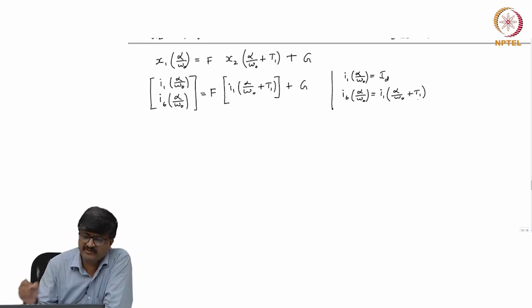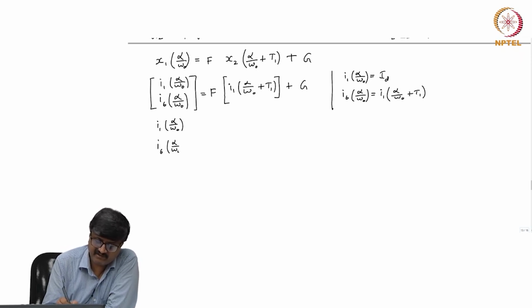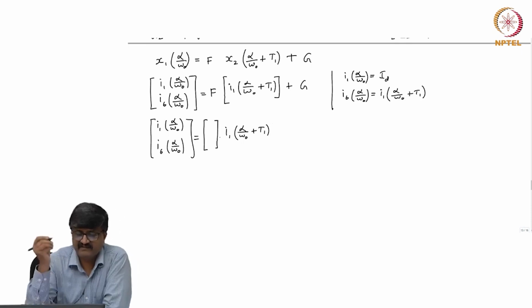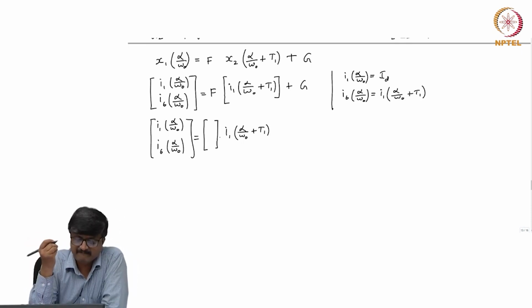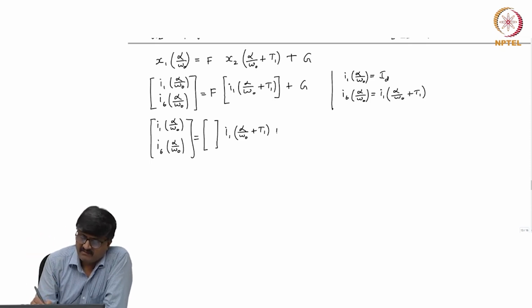So, from these two equations, the left hand side, I1 at alpha by omega o and I6 at alpha by omega o, is equal to I1 at alpha by omega o plus T1. One can easily see that the size of F is 2 cross 1, so there are 2 rows and 1 column. The size of G is also 2 cross 1.